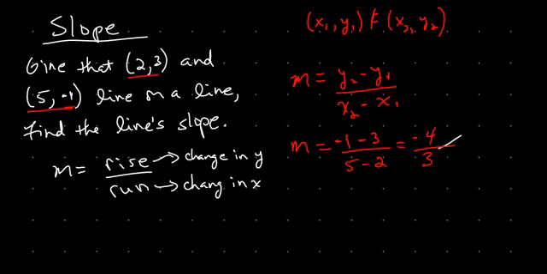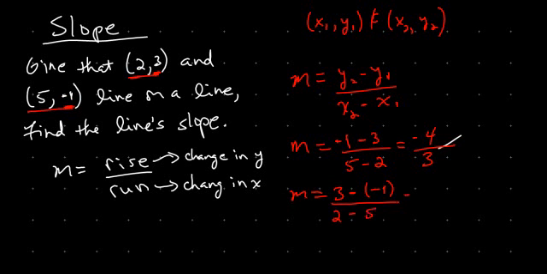Okay, and let's make sure, let's go the other way. This time let's say m equals y2 minus y1. Instead of -1 for y2, let's call this 3 y2. So it's going to be 3 minus -1 divided by, now since I called 3 y2, I have to call 2 my x2. So over 2 minus 5.